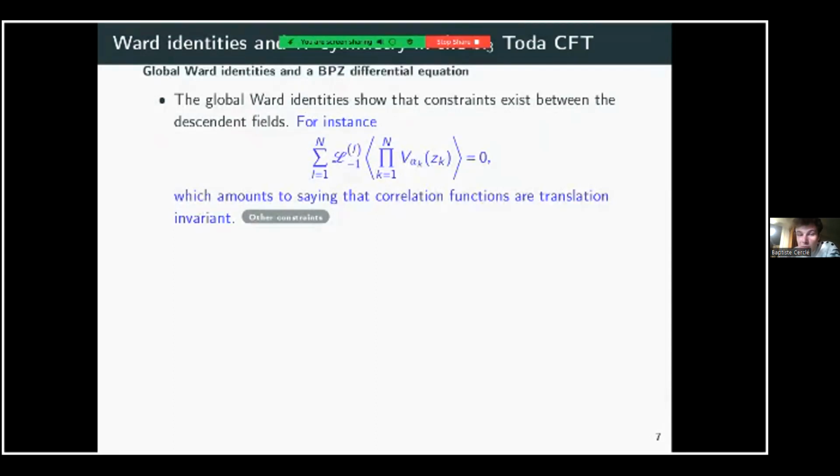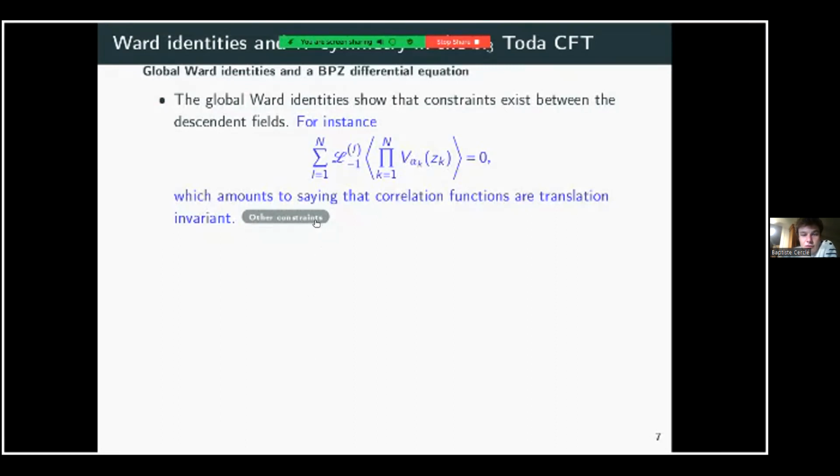And what does it mean? If you remember that L-1 L is simply the derivative with respect to the ZL variable, then the latter is nothing but saying that correlation functions are translation invariant. So this global Ward identity somehow carries the information about global conformal invariance of the correlation functions.